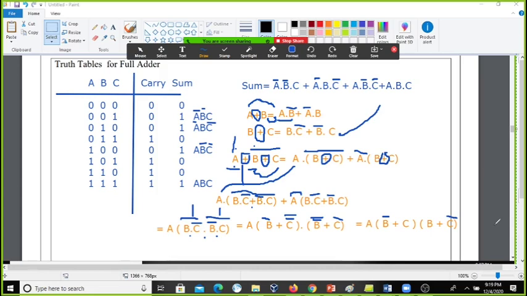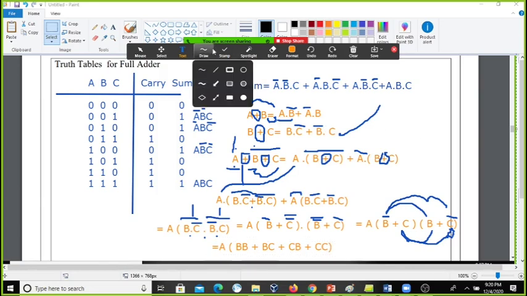So the next thing we can do is expand this B bar into C bar. So you get this is equal to A bracket B into B bar plus B into C bar plus C into B plus C into C bar.